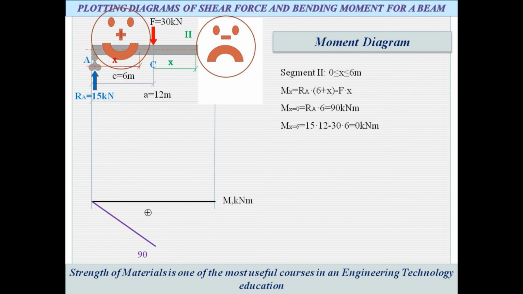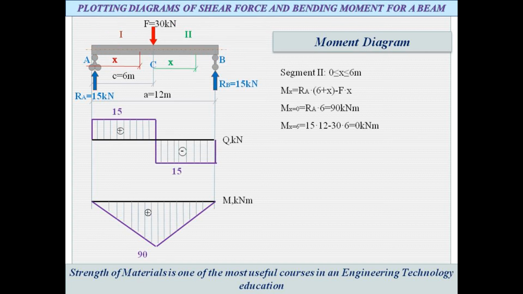Solving the equation, we get the bending moment at the beginning of segment 2 and at the end of segment 2. Put this ordinate on the diagram and link it with a continuous line with the previous ordinate in the first section. We have plotted the moment diagram.